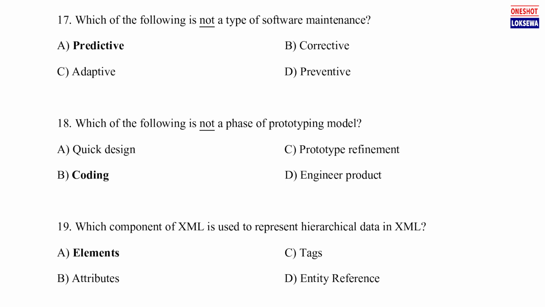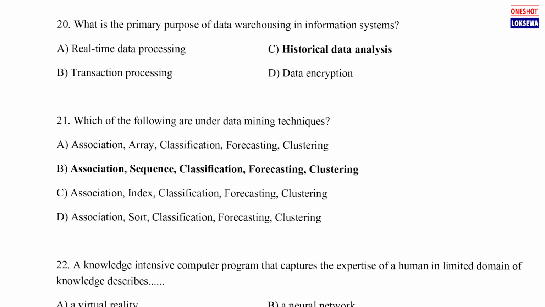19. Which component of XML is used to represent hierarchical data in XML? A. Elements, B. Attributes, C. Tags, D. Entity reference. 20. What is the primary purpose of data warehousing in information systems? A. Real-time data processing, B. Transaction processing, C. Historical data analysis, D. Data encryption. 21.